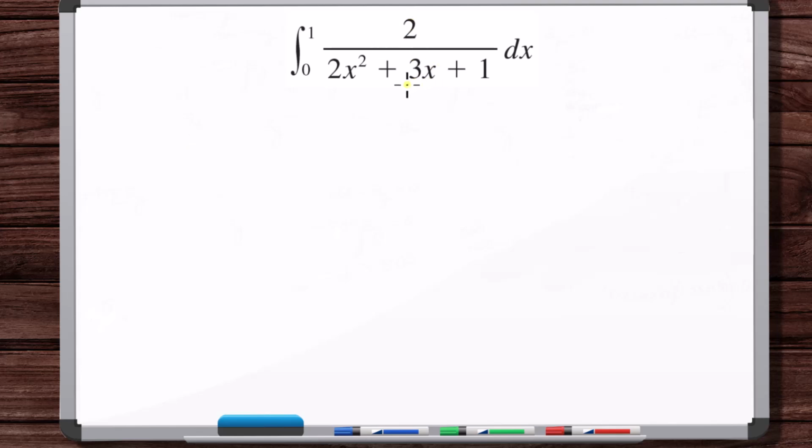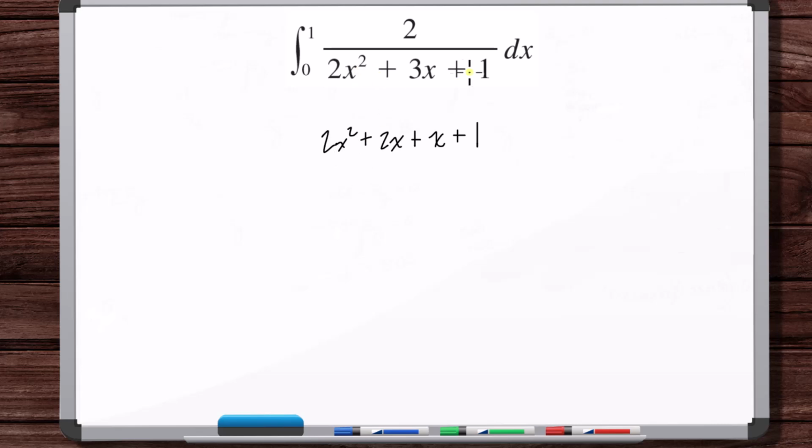So next step is we want to factor the denominator. Okay, we've got a quadratic trinomial with leading coefficient not equal to 1. So 2 times 1 is 2, and 2 plus 1 is positive 3. So we can rewrite this, and we want to group the 2x with the 2.